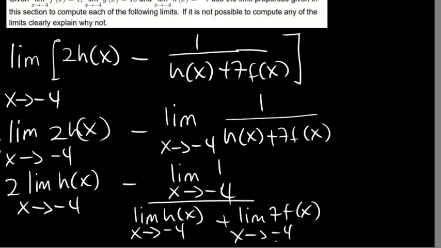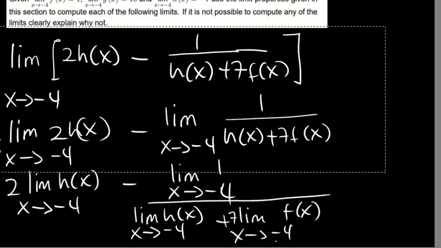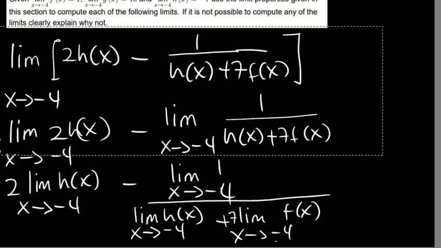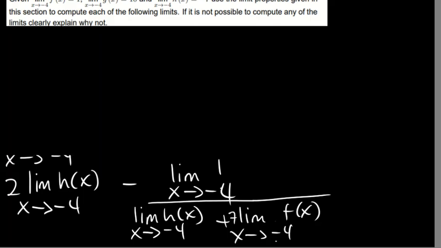But for this one, I can take out the 7 and bring it to the left side of the limit symbol, so we're going to have 7 multiplying the limit of f of x as x approaches minus 4. So we can do some substitution here. This is what we have finally.